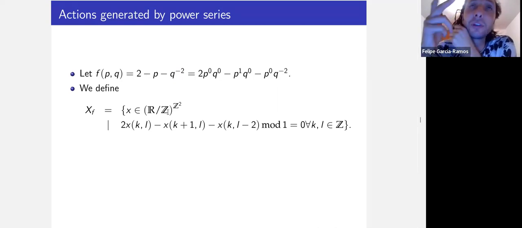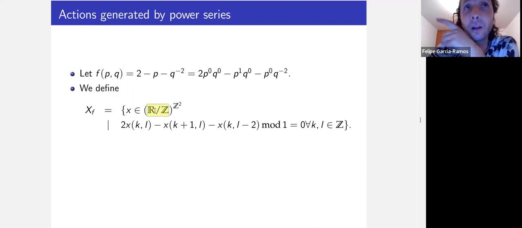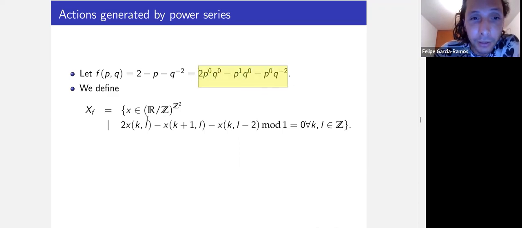Now instead of 0, 1 on each coordinate, I have a circle, sorry, a 1-torus on each coordinate, and now I also impose some algebraic equation. In this case, I'm going to associate something that is related to this power series. So in the first case, there's a 2, so I put a 2 here, and there are 2 zeros, so I only put X and L.